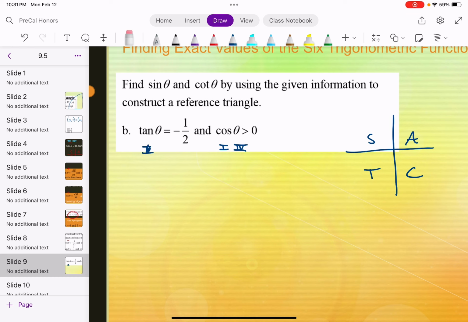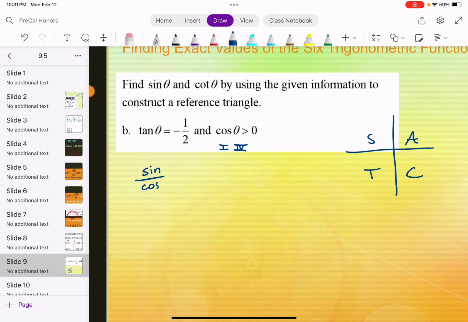Actually, sorry about that, guys. Tangent of theta. Now keep in mind, tangent of theta is sine over cosine.